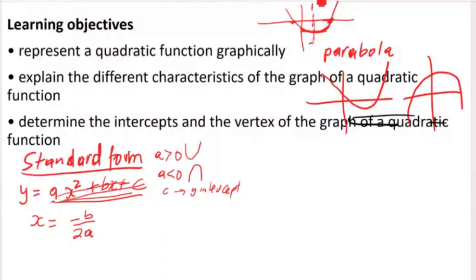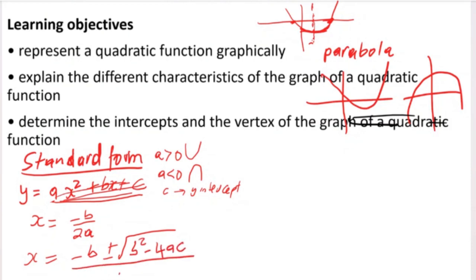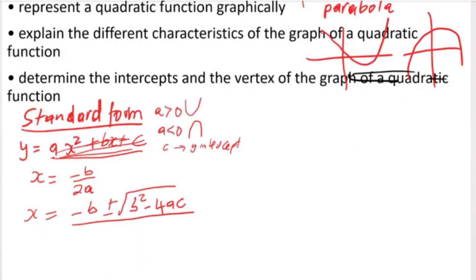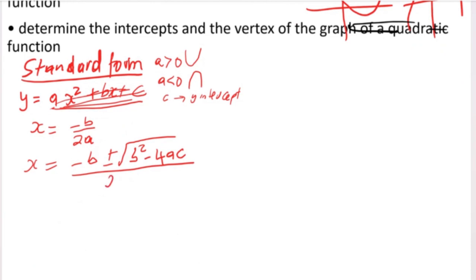The formula for the x-intercept is the famous one that we always know: x equals minus b plus or minus the square root of b squared minus 4ac, all divided by 2a. This is the formula that you would use when you are trying to solve for your x. So this is for your x-intercepts.